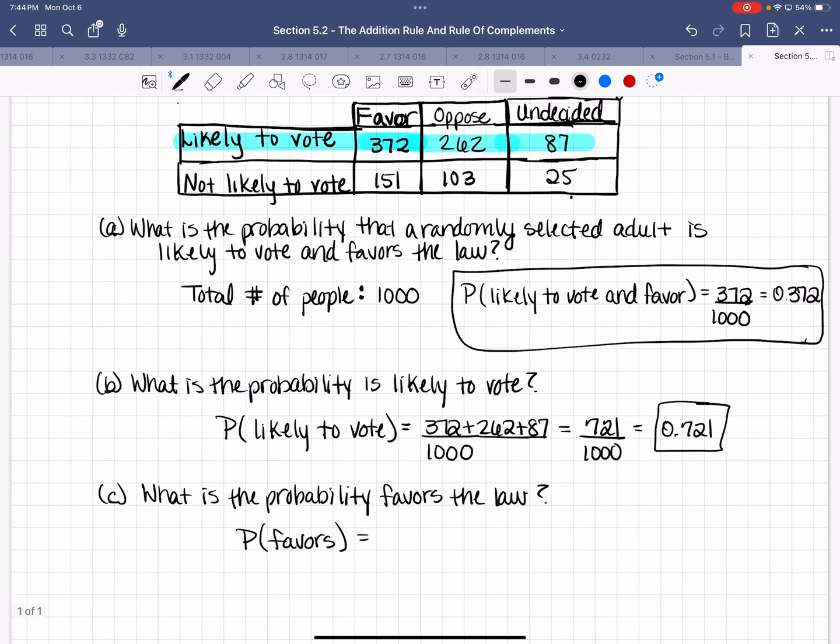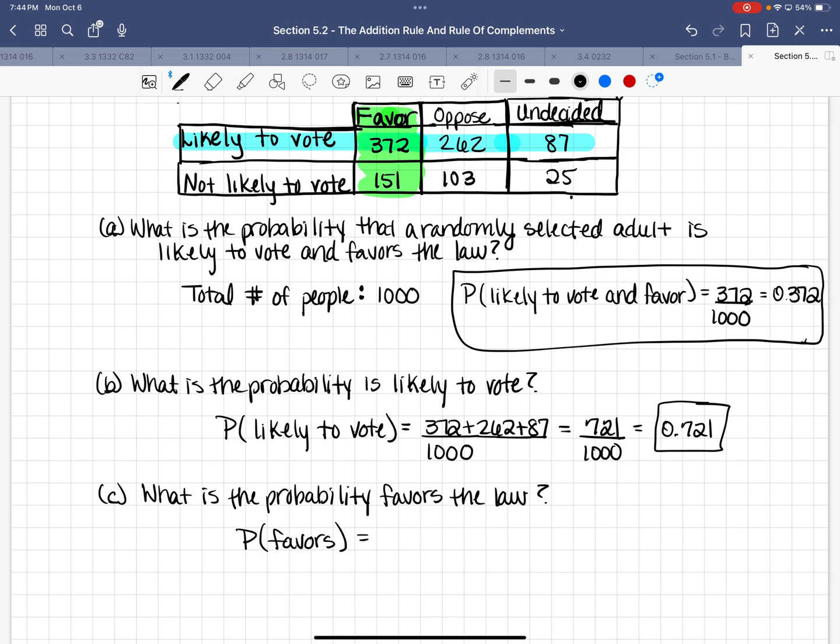All right, is it just the 372? No, because favor says there's 372 that favor and there's 151 that favor. It's just those 151 are not likely to vote, but they still favor.